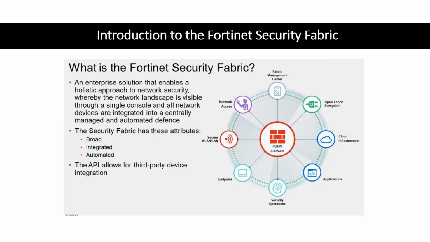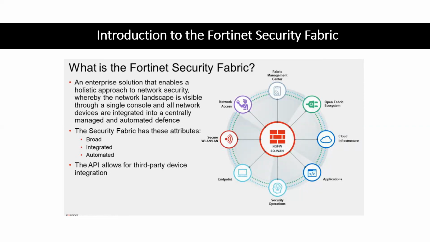That central managed and automated defense is talking about a device, and that being the firewall, the FortiGate. Not so much FortiManager. The fabric is built centered around the FortiGate, and all of the Fortinet devices connect to it to build that fabric.